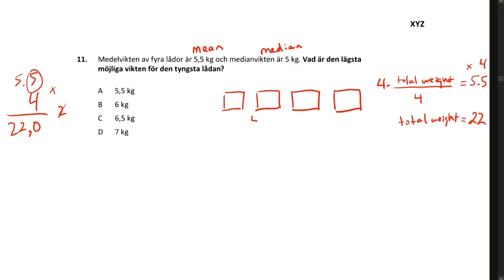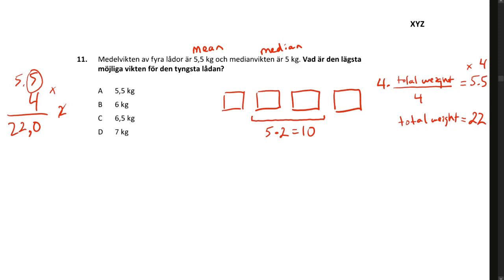So we need to add the 2 boxes up to find the middle value, and then we divide it by 2. Since the median is 5, this means that the average of these boxes is 5 when it's divided by 2. So we know that 5 times 2 will be 10.